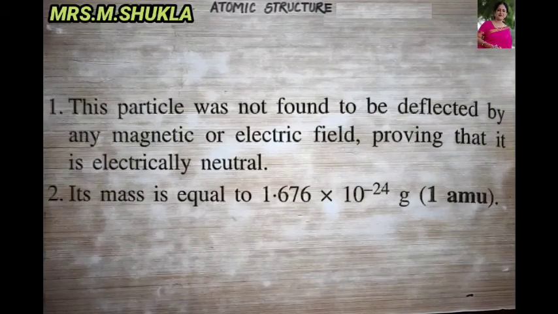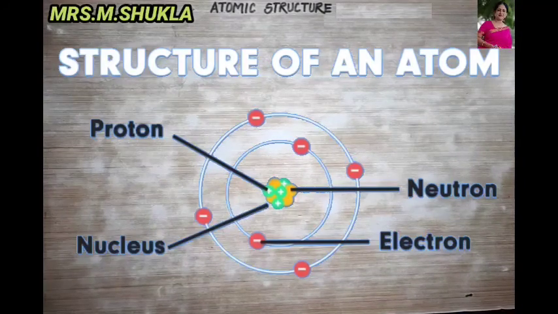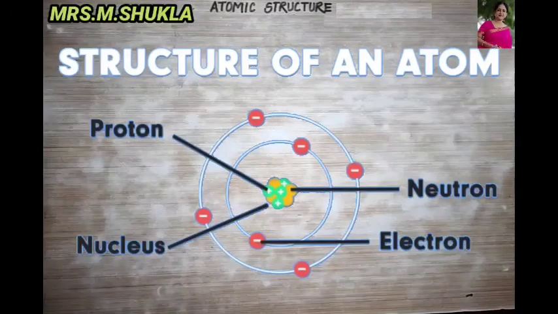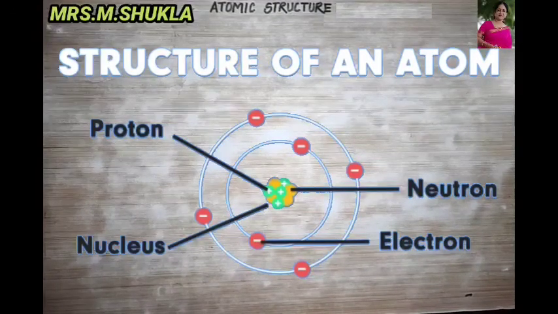So we stop over here after understanding the complete structure of an atom, that is, after the discovery of electrons, protons and neutrons, which were the subparticles. It was found that all atoms have the following basic structure. Electrons are negatively charged and are found outside the nucleus, revolving around the nucleus.